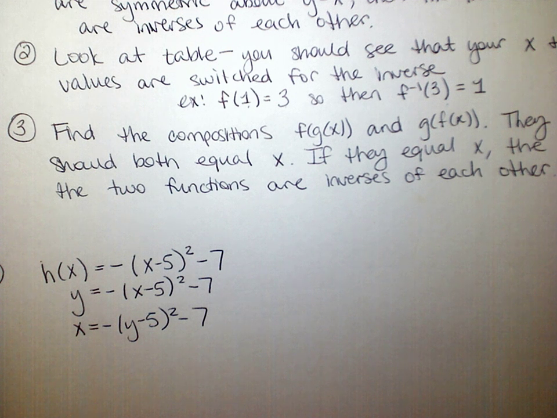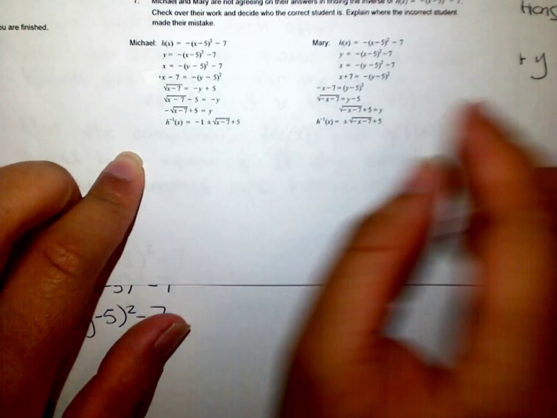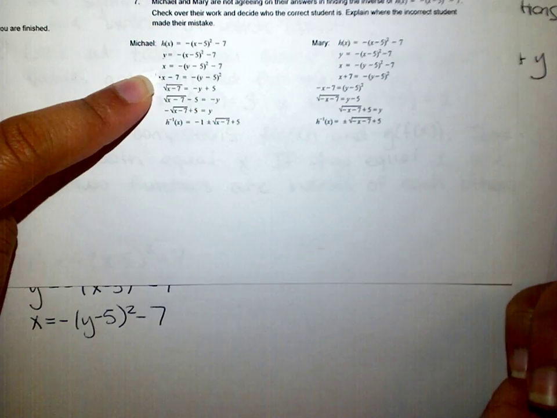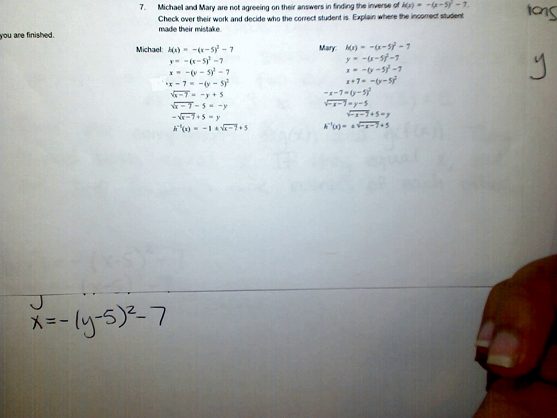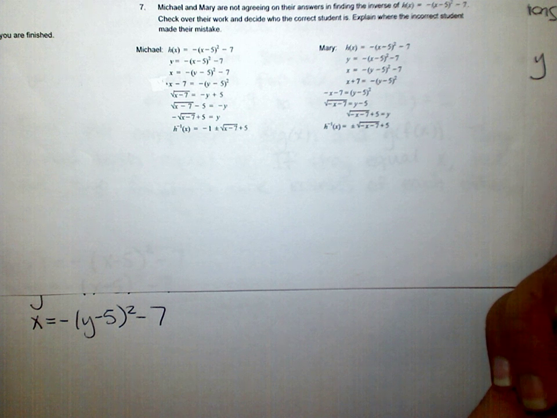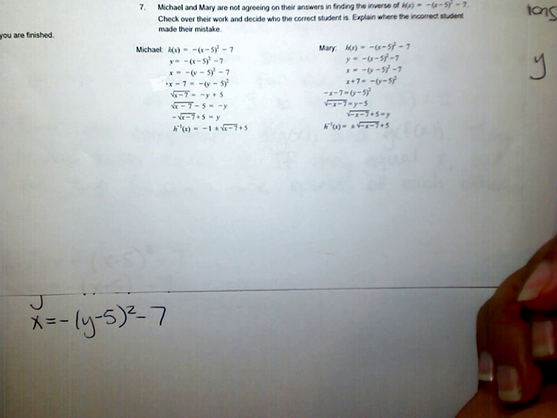They both have x equals negative the quantity y minus 5 squared minus 7. So we're all still on the same page.